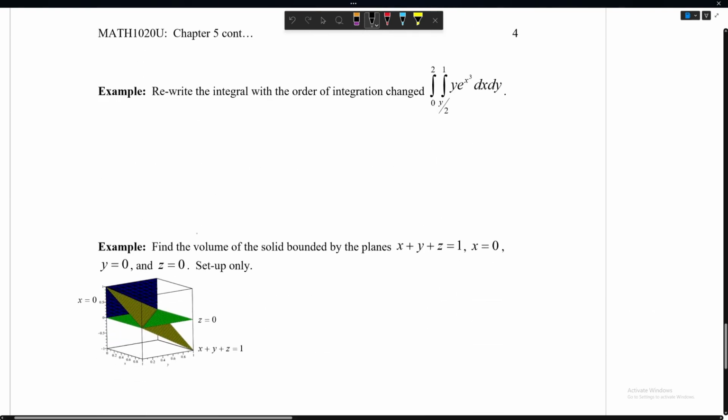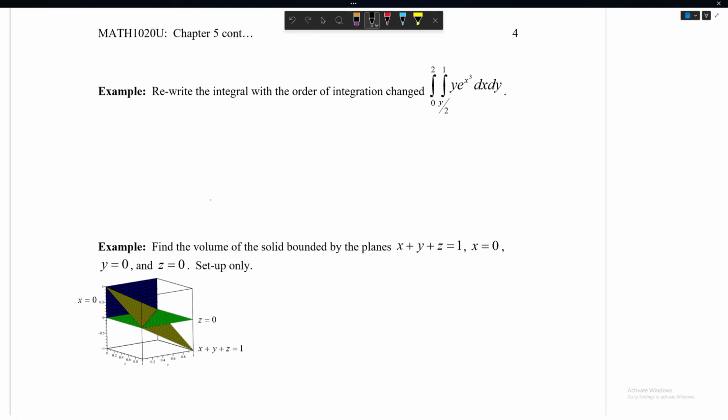Now rewrite the integral with the order of integration changed. What we're trying to do is change the order. How can we change the order? You can just visualize it. So like I said, you always want to draw this. This helps make things so much easier. So I have my y and I have my x. Now my first integral on the x goes from some function.